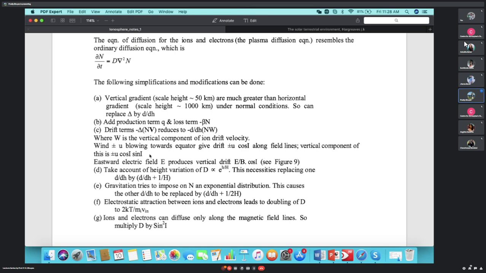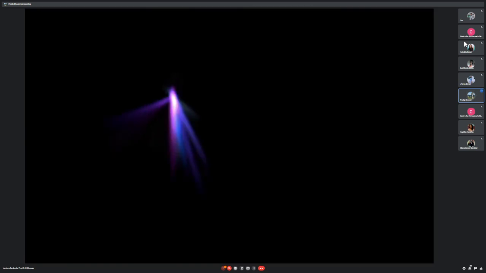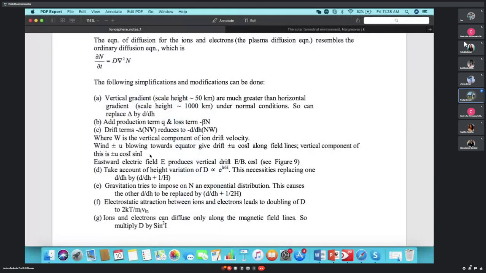So the neutral wind flowing from the higher latitudes towards the equator will push the plasma upward. And the reverse will be the case when the neutral wind flows from the equator towards the higher latitudes or towards the poles.